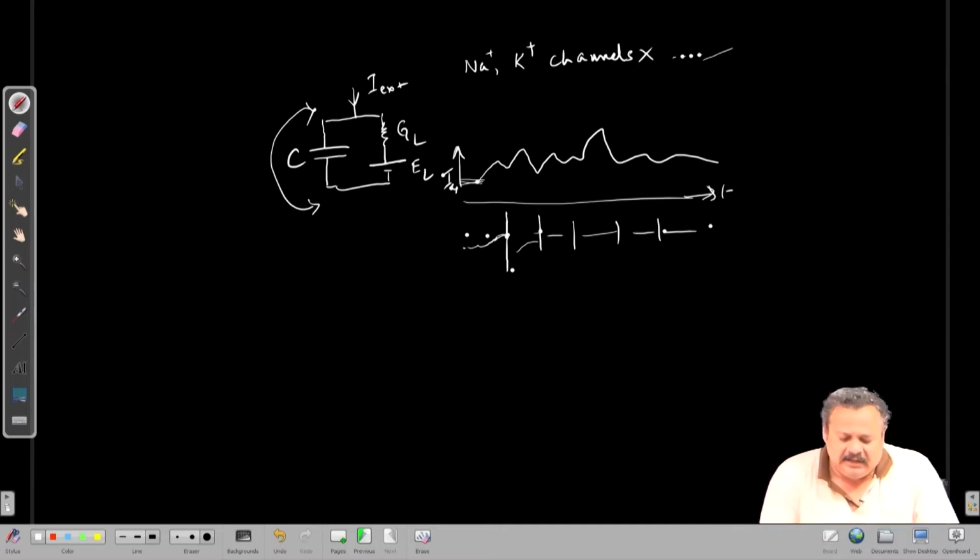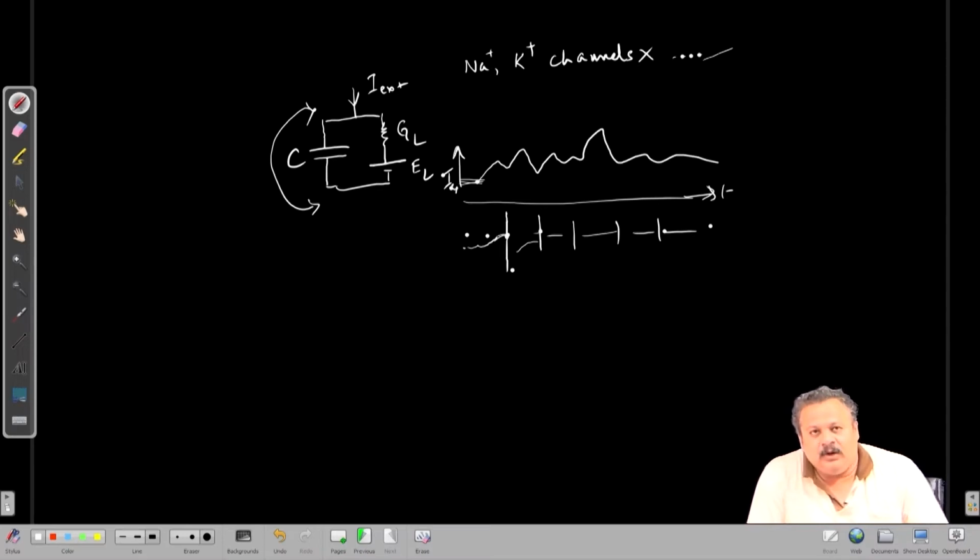This leaky integrate and fire model is very useful when we are trying to model mainly rate based activity, to explain the behavior of an entire network or some kind of learning and so on.